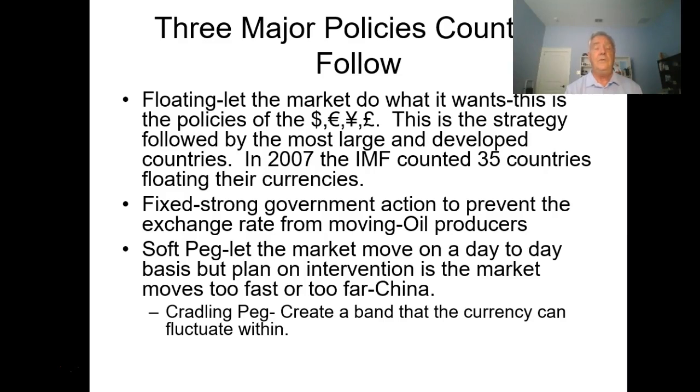Now, for instance, the People's Bank of China, if it starts to get too high, will go in and put more of their currency into the marketplace. If it gets too low, they'll buy their currency. What they want to do is affect the supply and demand of yuan in the marketplace.